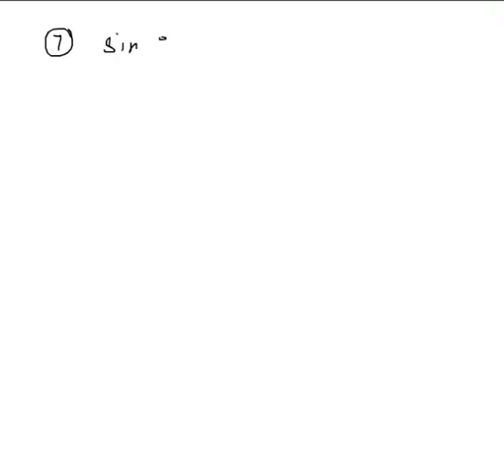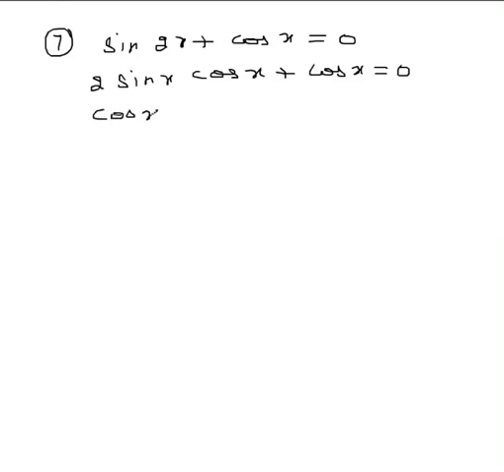Question number 7. Sine 2x plus cos x is 0. I am using sine 2x formula, which is 2 sine x cos x. I have told you while solving the trigonometric equation, factorize by taking the common factors out. And we get this.